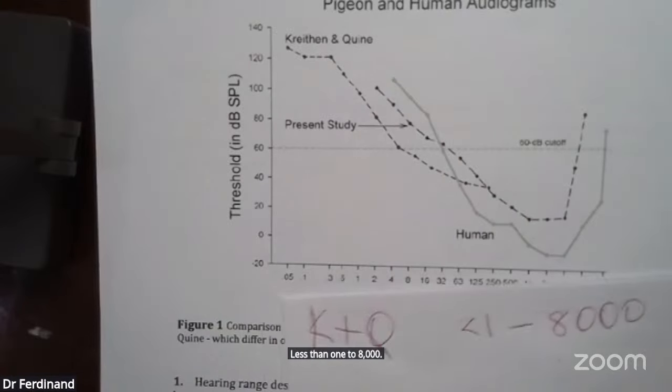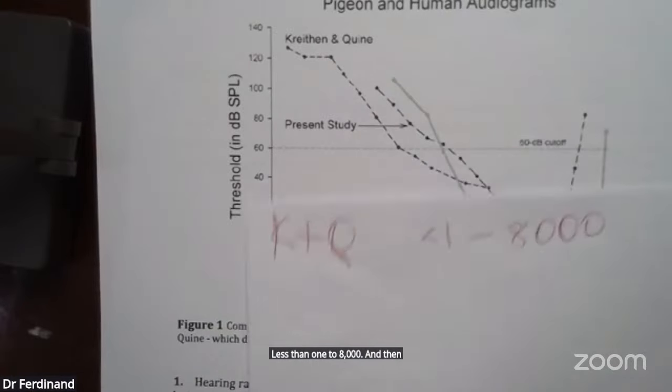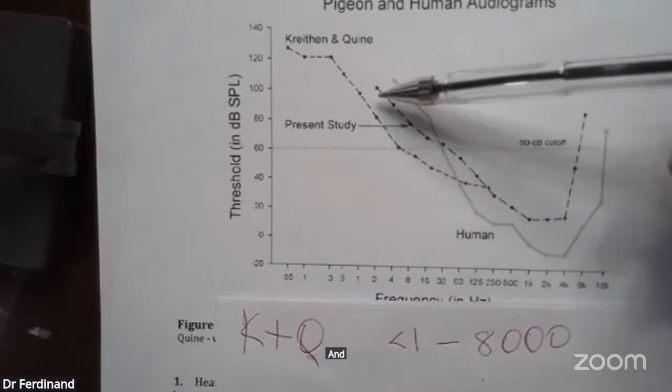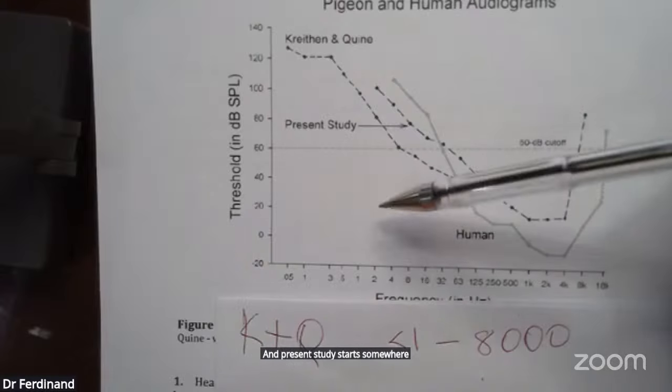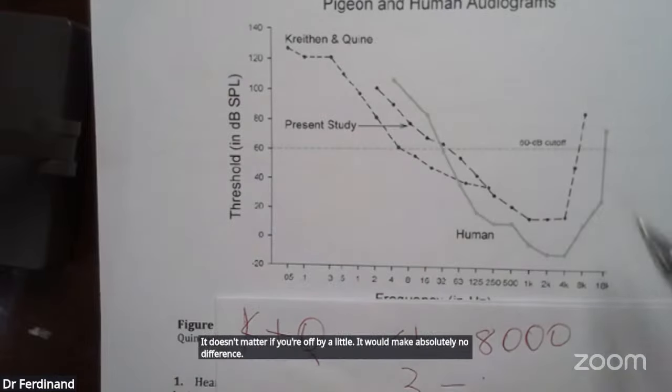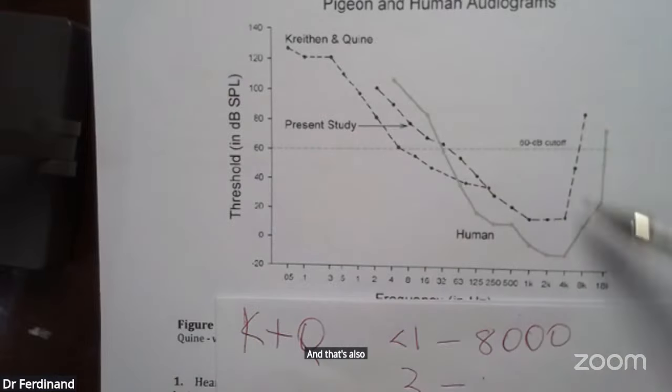And then this answer choice B is pigeons from the present study. And present study starts somewhere around the number 3. Okay, it doesn't matter if you're off by a little, it would make absolutely no difference. And that's also going up to 8,000 because it shares this.